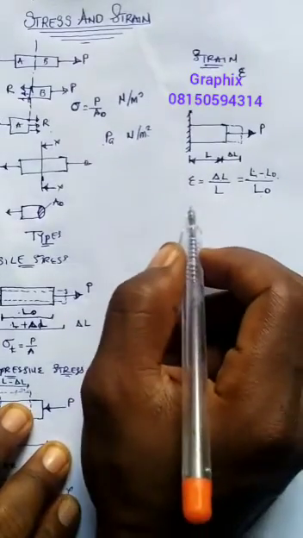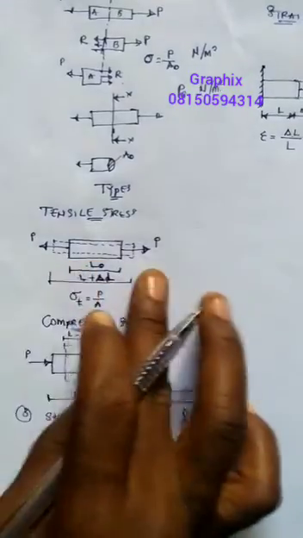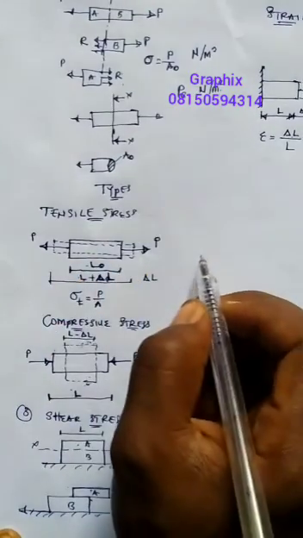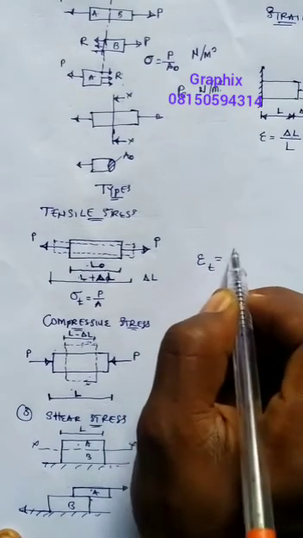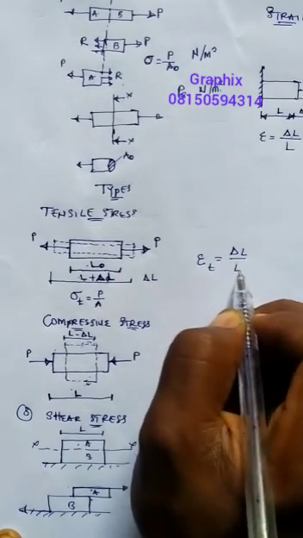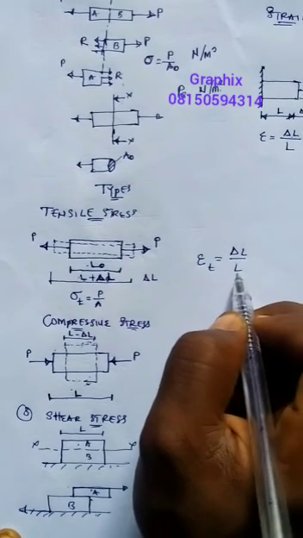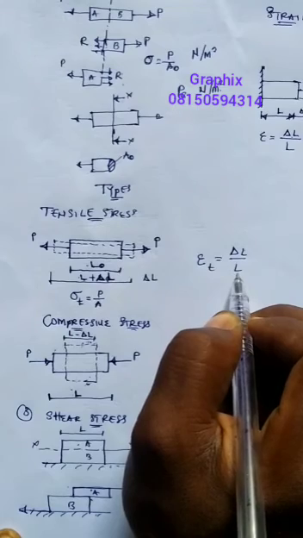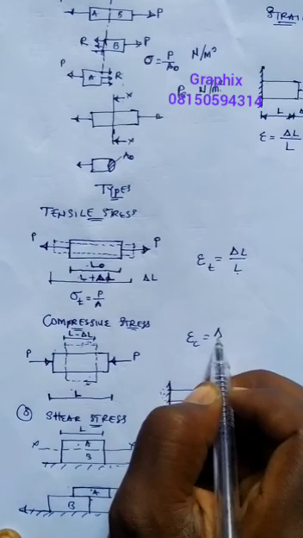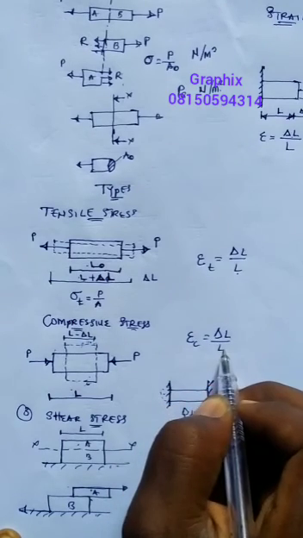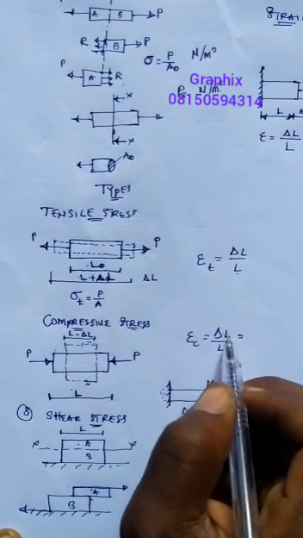If I want my tensile strain, it will be delta L over the original length, that is, the increase in length over the original length. Then the compressive strain will also be delta L over the original length, but in this case, it will be the decrease in length over the original length.